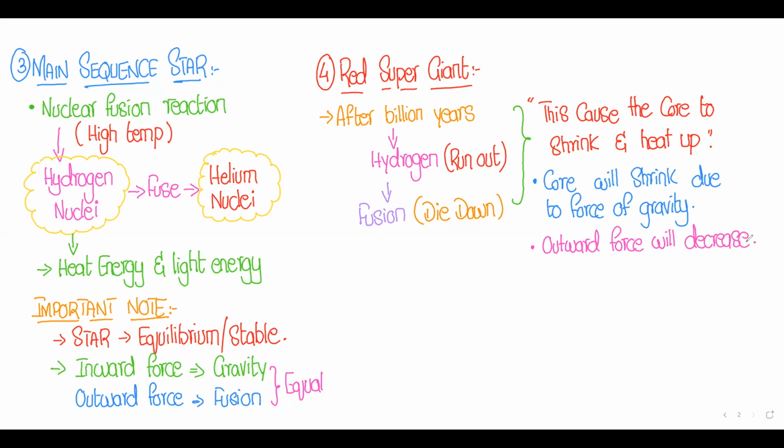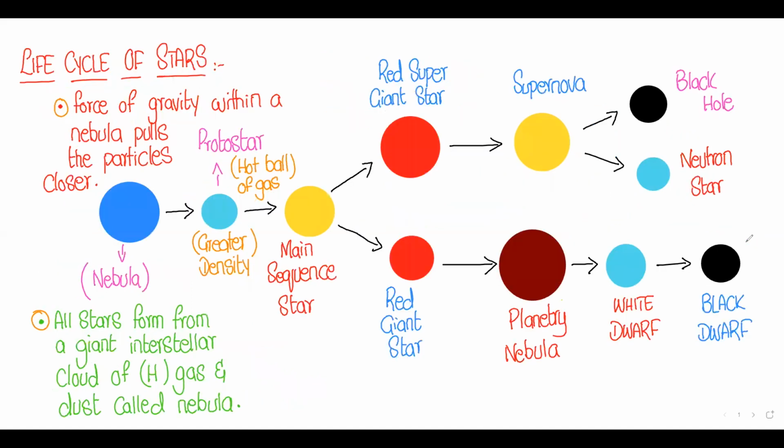Any confusion till now? No, sir, it's all clear. Okay. Because at the start, we are having hydrogen gas that starts the nuclear fusion reaction. And after some time, we studied that there are two types of forces. One is gravitational, and the second is nuclear fusion that pushes outward, against the force of gravity.